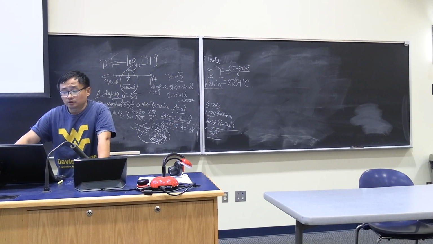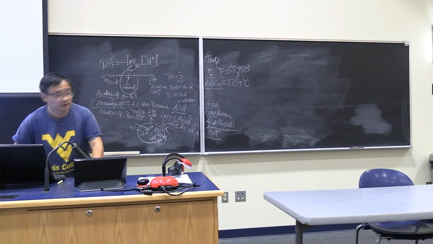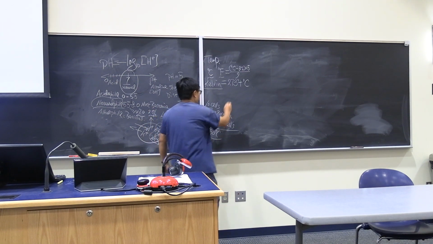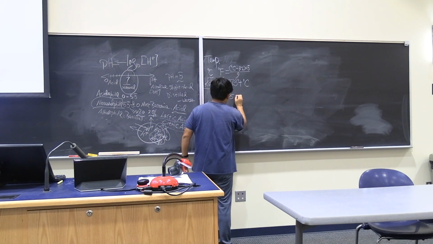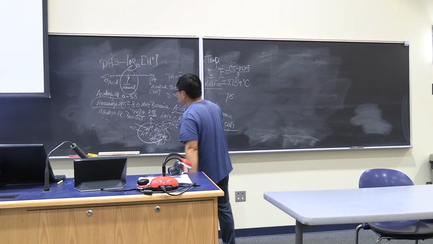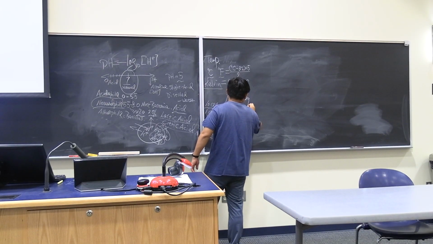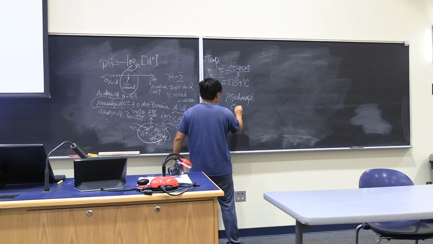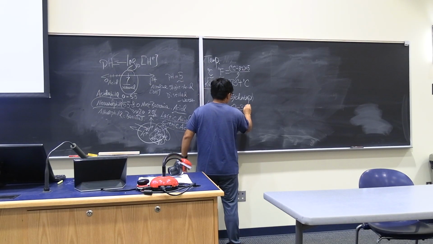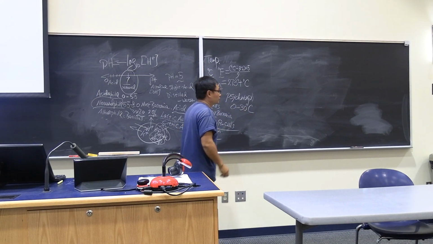The big issue in the food industry and in our real life is psychrotrophs. This is called psychrotroph, 0 to 30 degrees Celsius. Why?